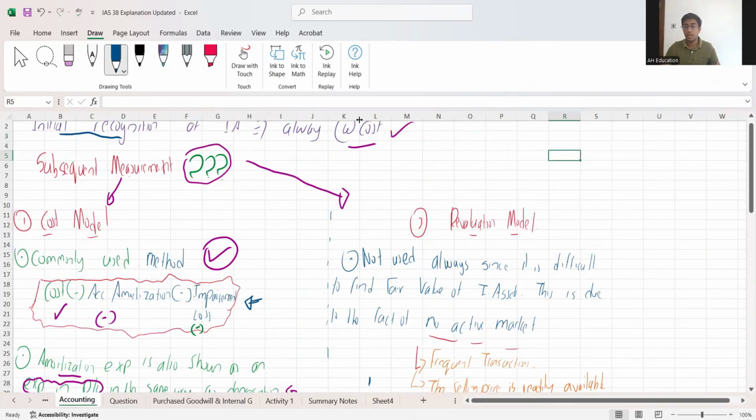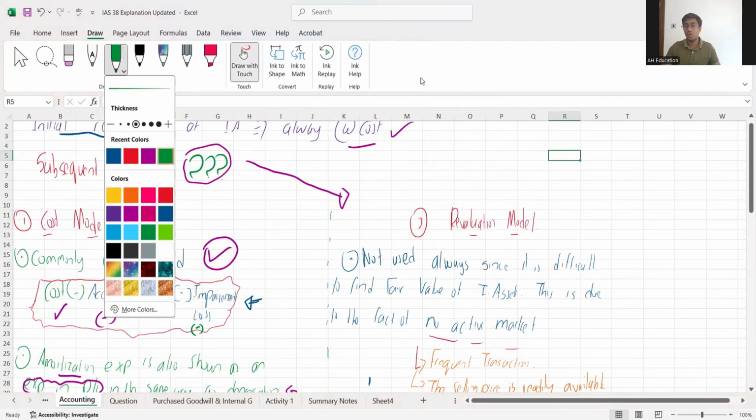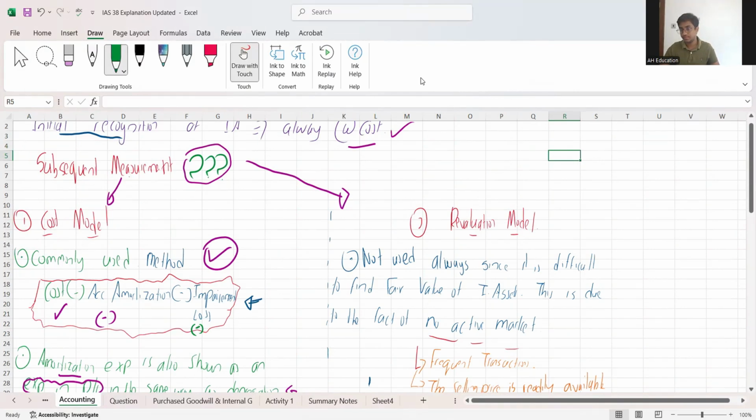Okay. Now, finally, we are moving towards our final part, which is your revaluation model, right? Don't worry, you can ask why I have not included any calculations. We have a separate recording for our calculation. Okay. Now, revaluation model.